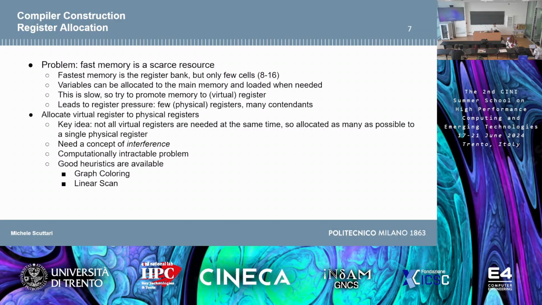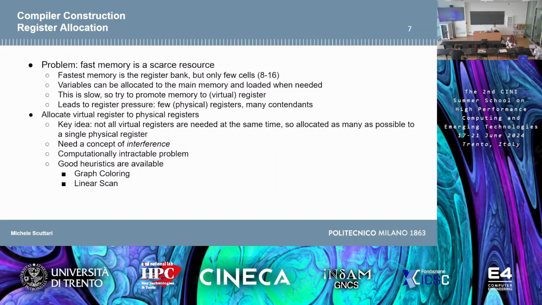However, this creates another problem. The more I promote variables from memory to registers, the more pressure I put on the register bank. A typical program has active at the same time between 3 and 10 variables. But if you start promoting aggressively, this can increase significantly. So you may have more variables in registers than actual registers that you have.